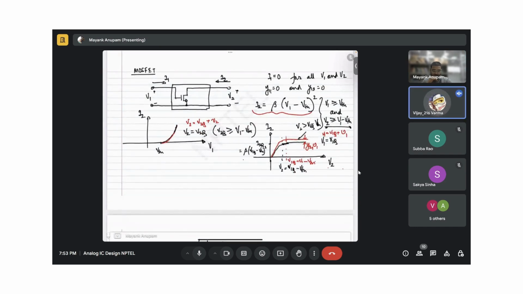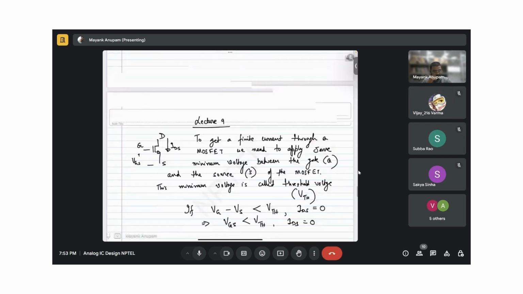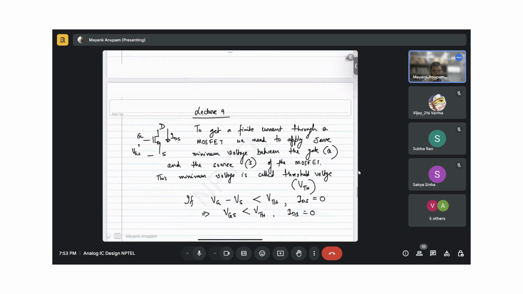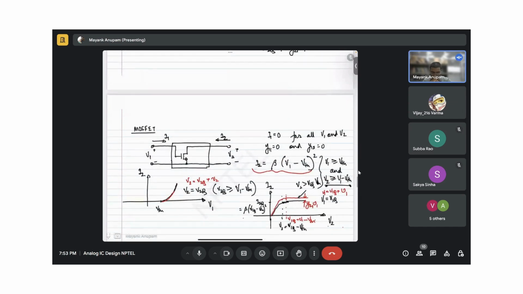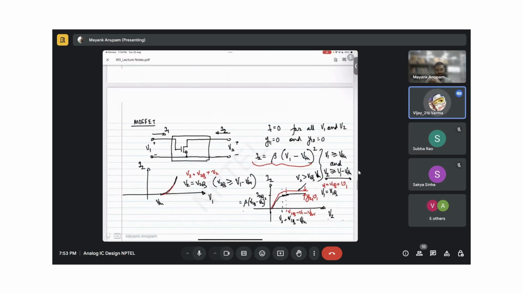When the equation came, I2 equal to beta times V1 minus VTH whole squared. This page only, correct? Yes, correct. I have a doubt, how did that equation come, sir?